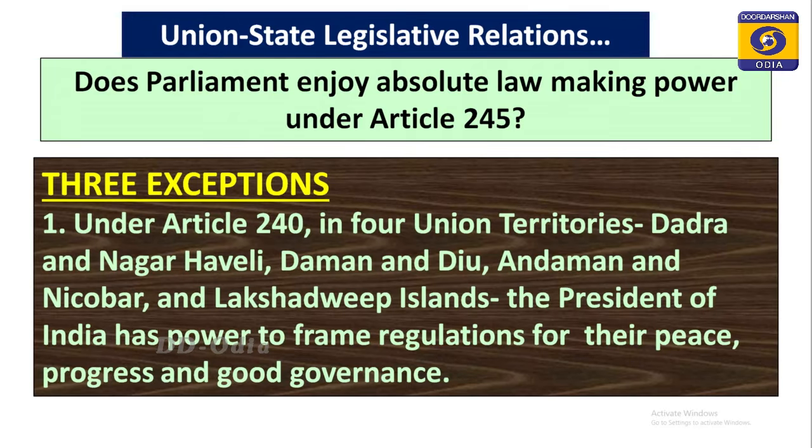Does the Parliament enjoy absolute law making power under article 245? No, there are certain exceptions. For example, under article 240, in 4 union territories like Dadra and Nagar Haveli, Daman and Diu, Andaman and Nicobar Islands and Lakshadweep Islands, the President of India has a power to frame regulations for their peace, prosperity, progress and good governance.